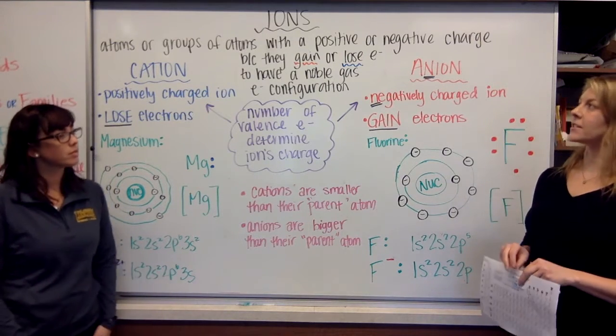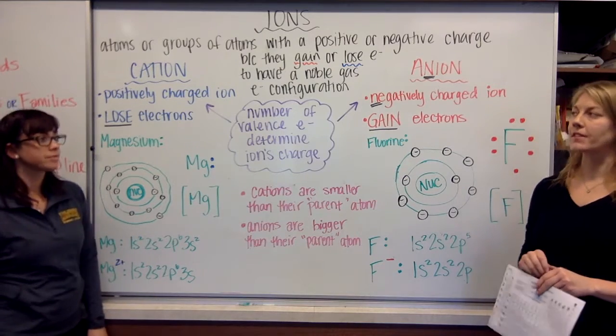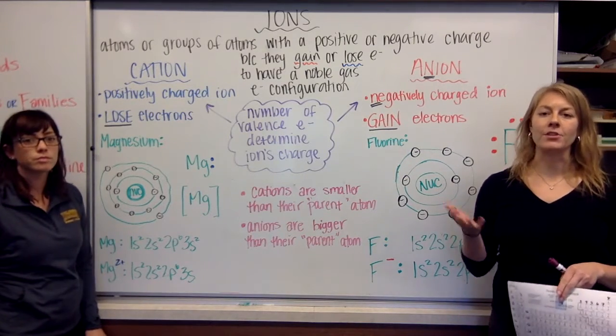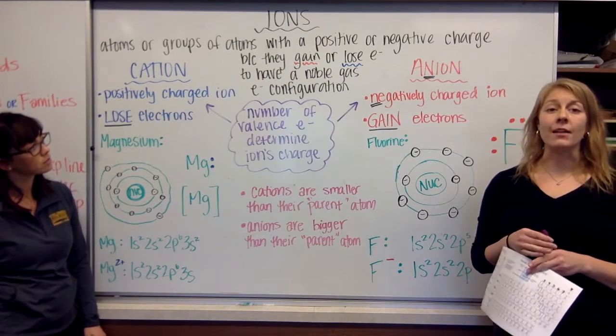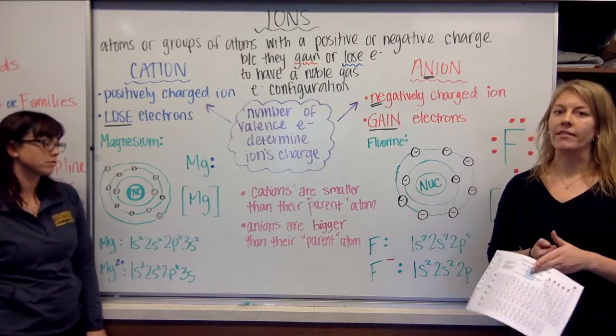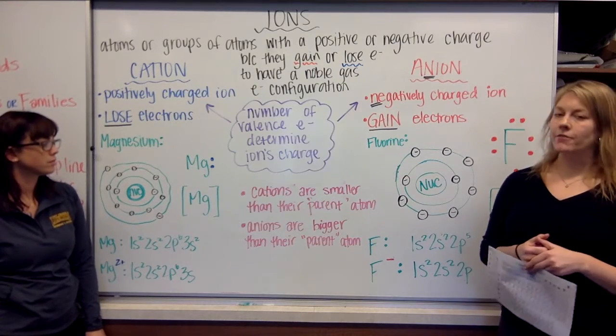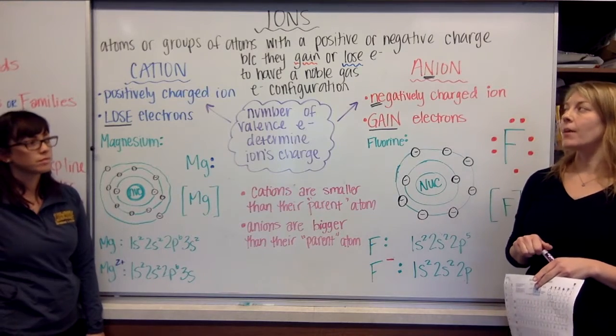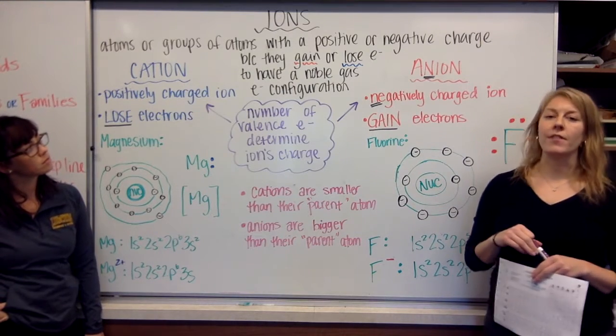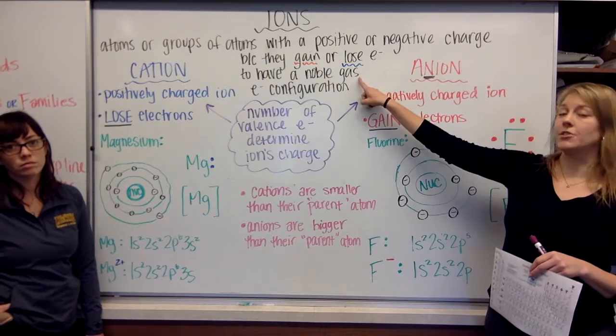Today we're going to be starting to talk about ions before we look at the arrangement of the table. Ions we've already mentioned with nuclear chemistry, but hopefully you've gathered already that they are atoms, and we'll see groups of atoms also, that have a positive or a negative charge because they've gained or lost electrons. They gain or lose electrons so that they can have a noble gas configuration.